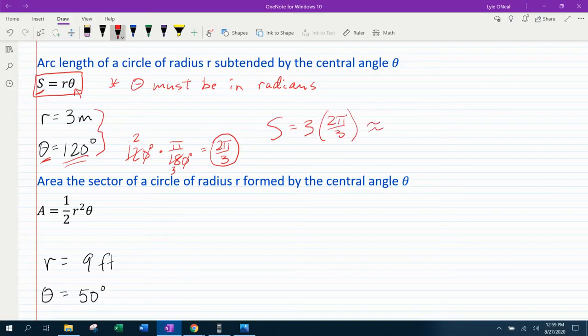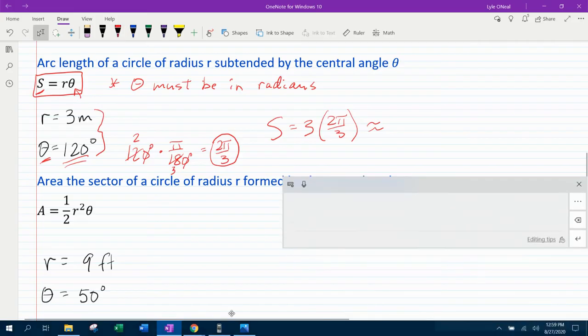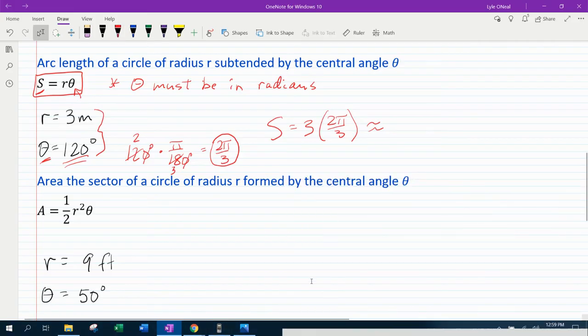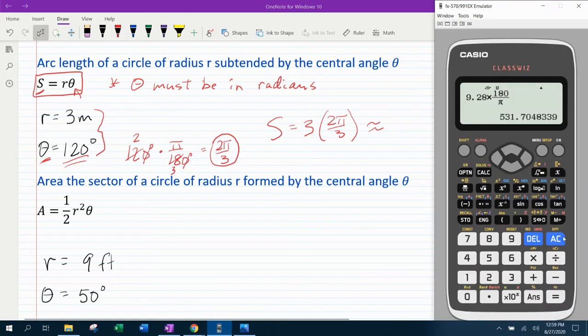And we're going to approximate that, let's say, to the nearest hundredth again, okay? All right, so we've got 3 times 2 pi over 3, which is exactly 2 pi, which is 6.28 rounded, okay?